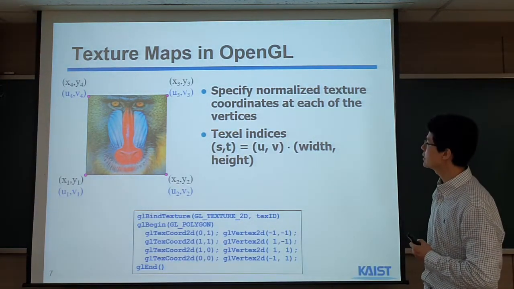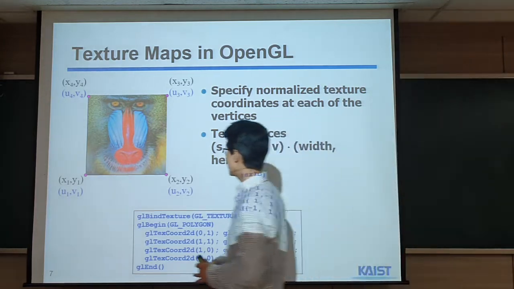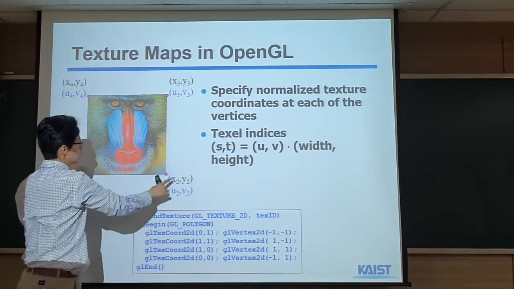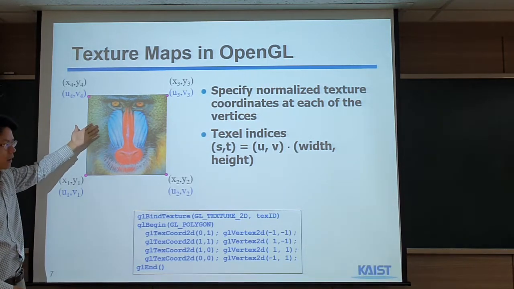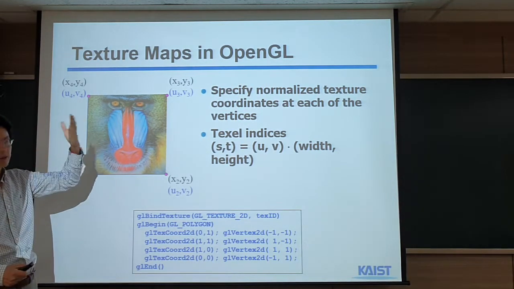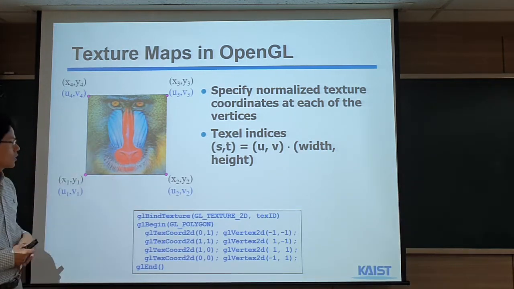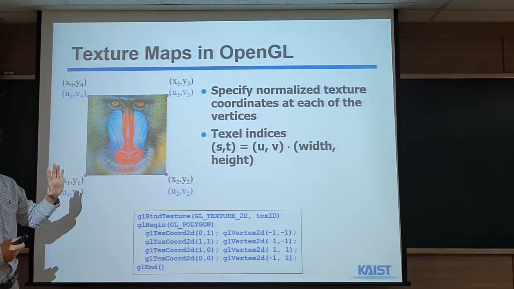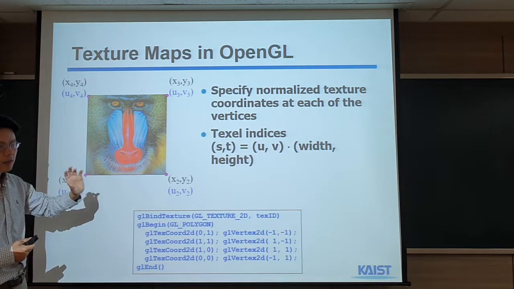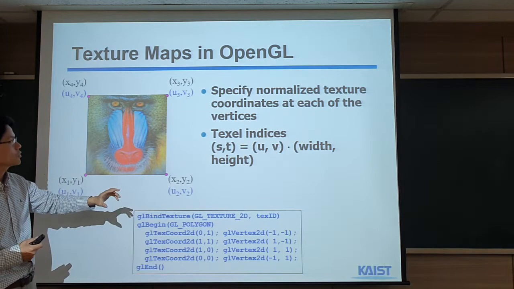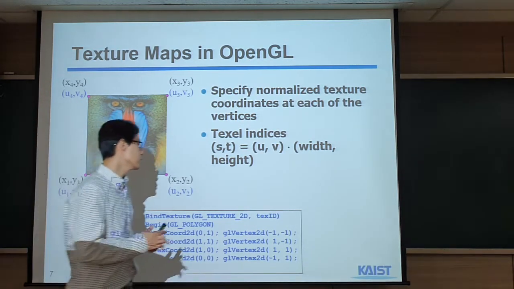Here is a common texture mapping example that we use in OpenGL. Suppose that I have this 2D map, and when I draw the triangle, or in this case a quad, the rectangular shape, I want to get the color of the rectangular shape from this 2D texture map. To do that, I can use this.